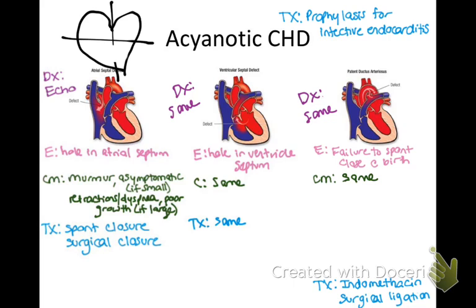So again, I know this doesn't look left to right, but the aorta is considered the left side of the heart, the pulmonary arteries are the right. So you have that left to right shunt, because that's where pressure is higher, in that left side, and it's shunting oxygenated blood, sending it back, increasing pulmonary flow.